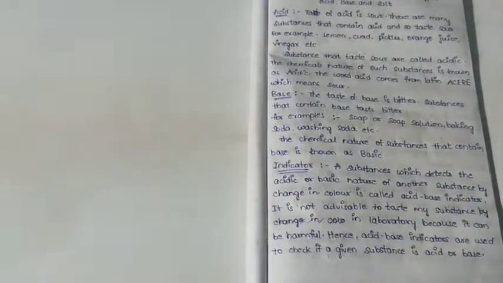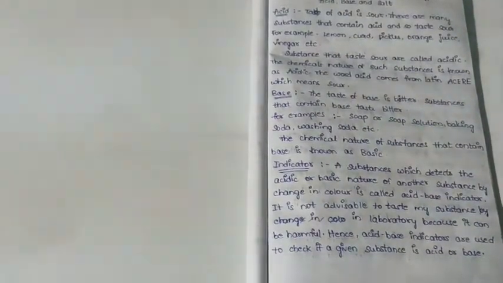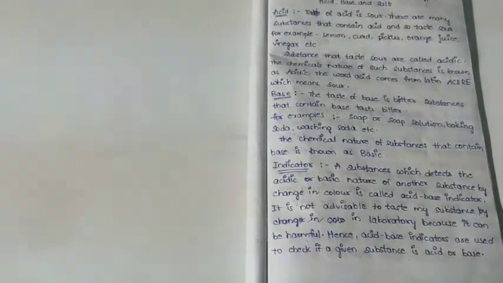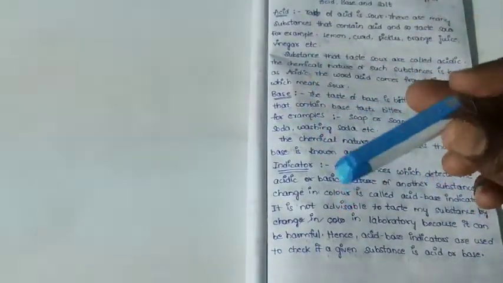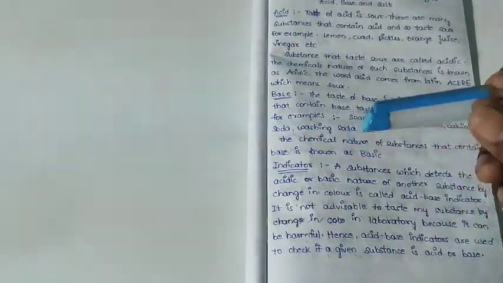That means now some substance is there for me, maybe some poison substance. The taste of acid is sour, so sour substances are acids and bitter substances are bases. Take this cap. This cap is acidic or basic in nature, how can I know?